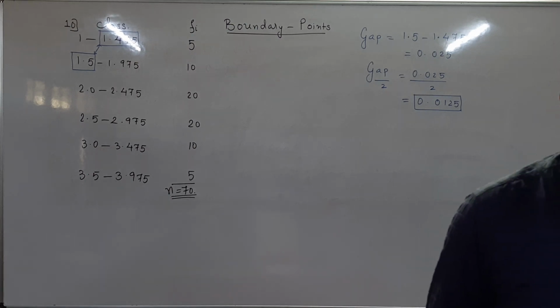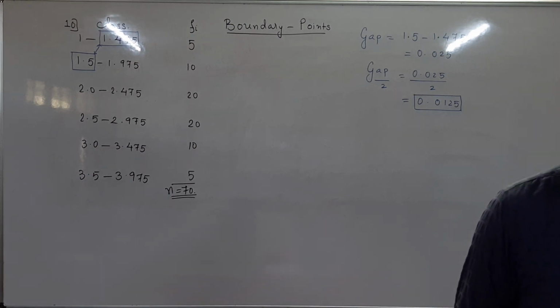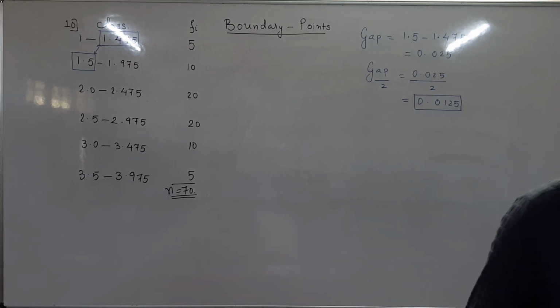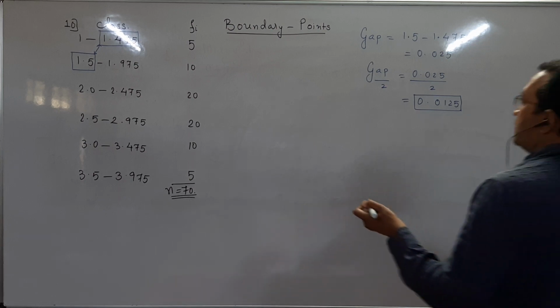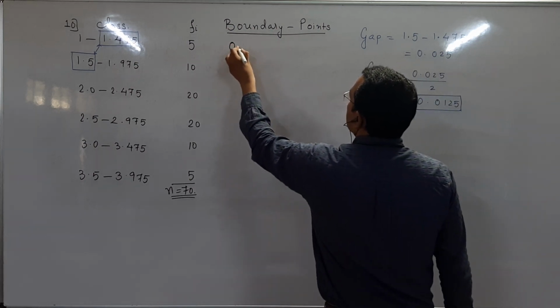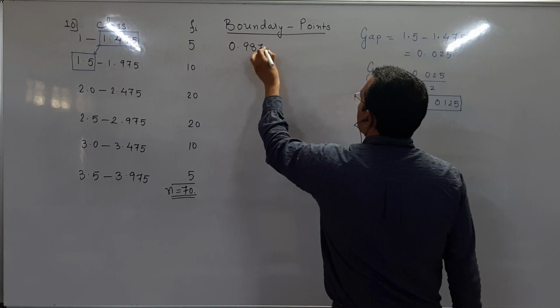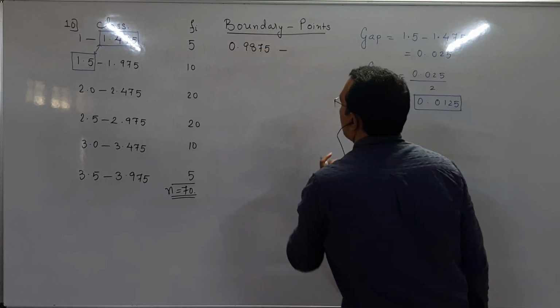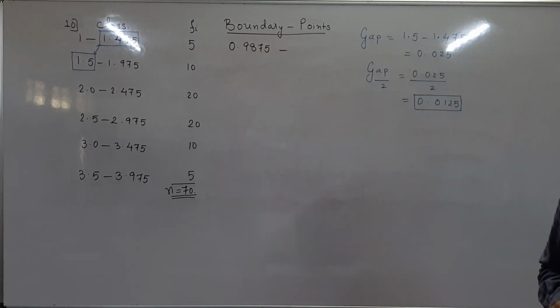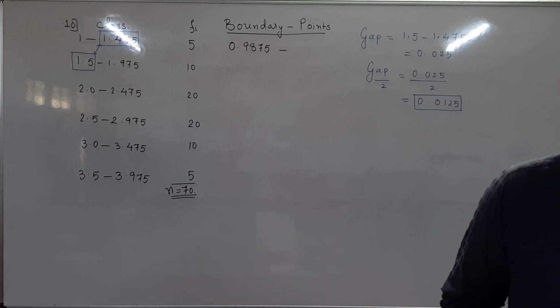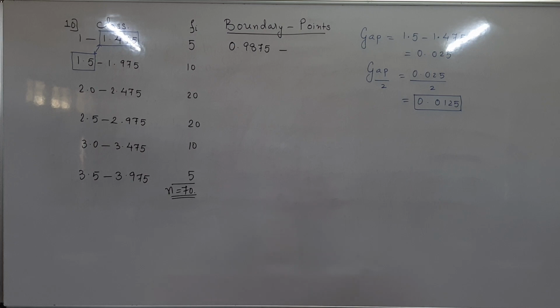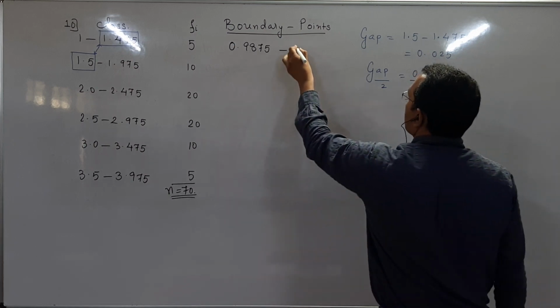So if I am subtracting 0.0125 from 1, I will get 0.9875. Here from 1 I have subtracted this, and add 0.0125 to 1.475. I will get 1.4875.